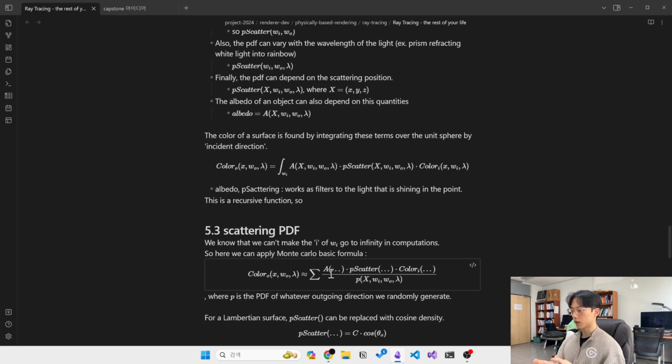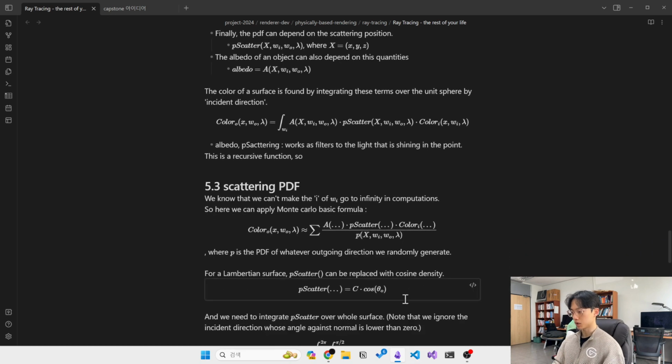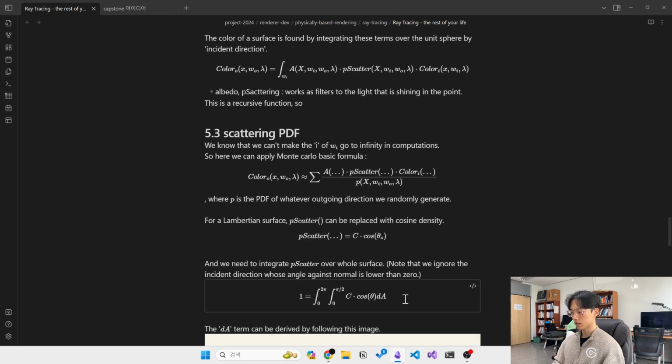If we take the integral of this whole multiplication, then we can get the single outgoing color, which is scattered from the surface.